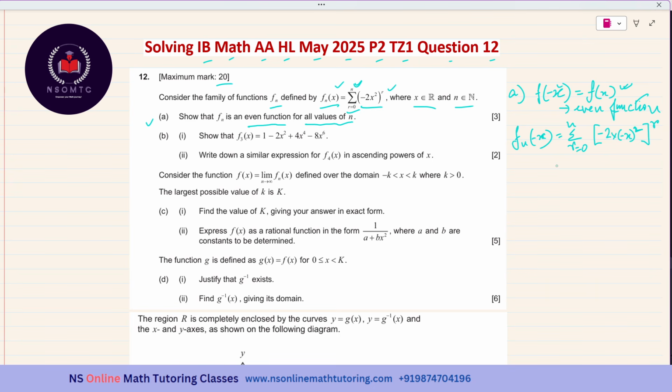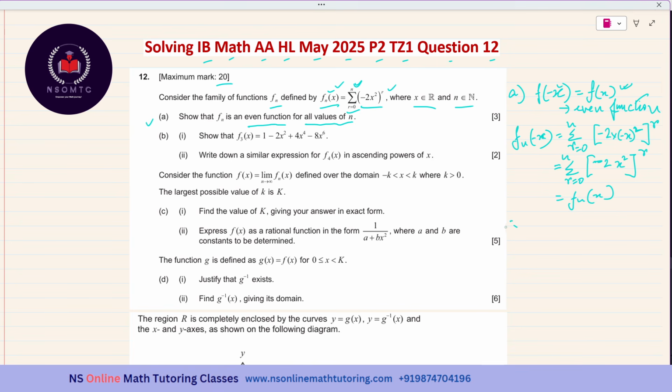So this is equal to sigma r equal to 0 to n, negative 2, negative x square is x square, raised to the power of r, which is nothing but equal to fn of x. So this is equal to fn of x.